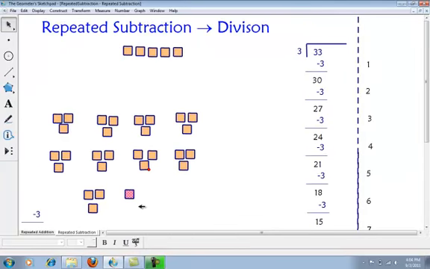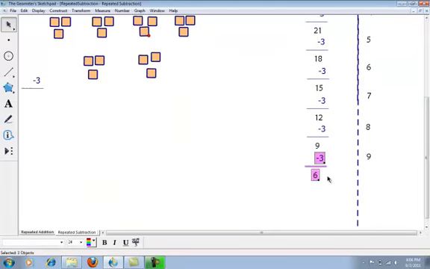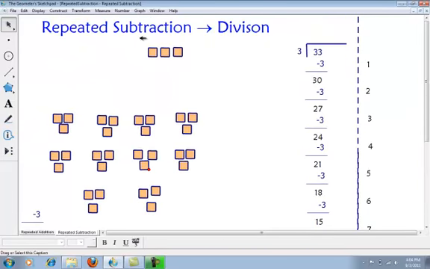But I still have more, so let's make one more group of 3. Now I've made 1, 2, 3, 4, 5, 6, 7, 8, 9, 10 groups of 3. I only have 3 tiles left, and we saw how we've already made 10 groups of 3. I have 3 tiles left, so it looks like I can make one more group. There we go.